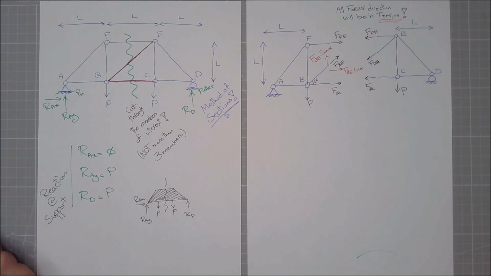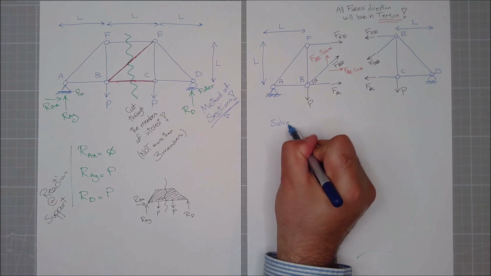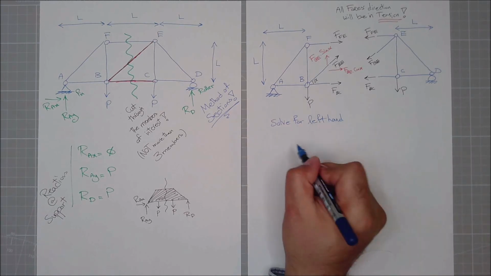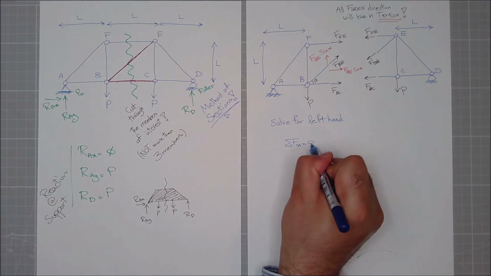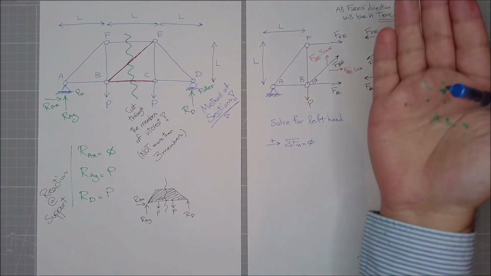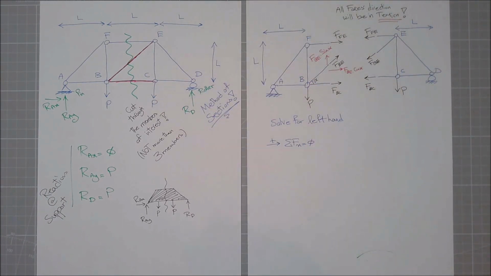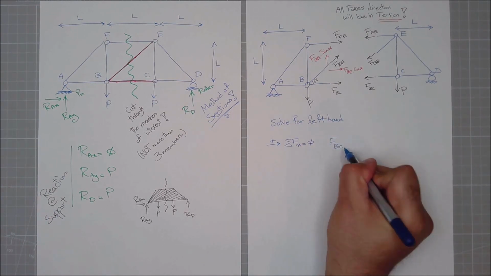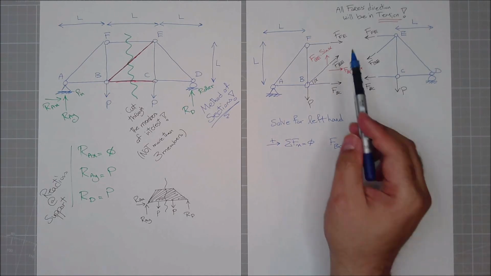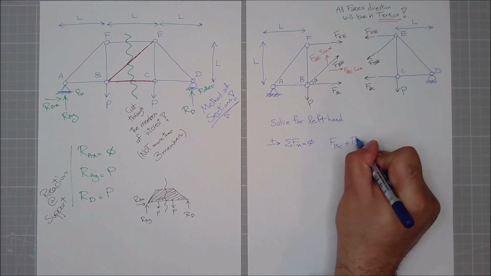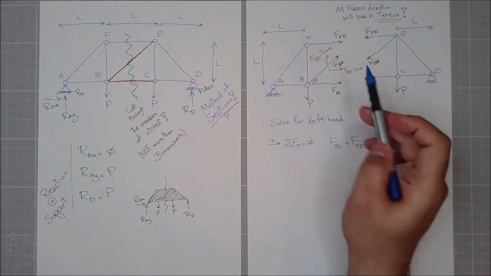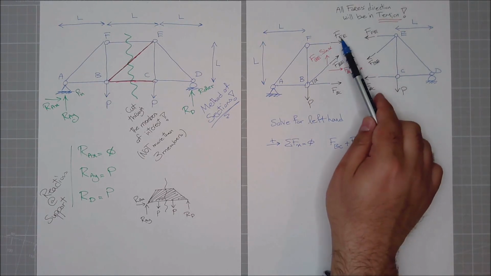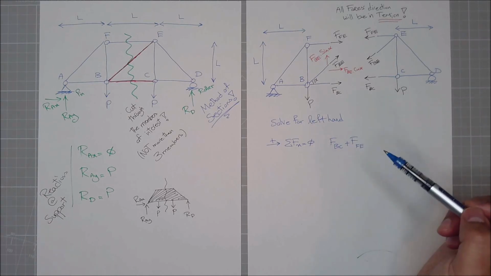Okay, let's solve it for the left hand side. By solving, I mean let's write the equation. Summation of all forces in X, this is my positive direction. Remember, I'm just considering this side. It will be FBC plus FBE, both of them in the same direction.